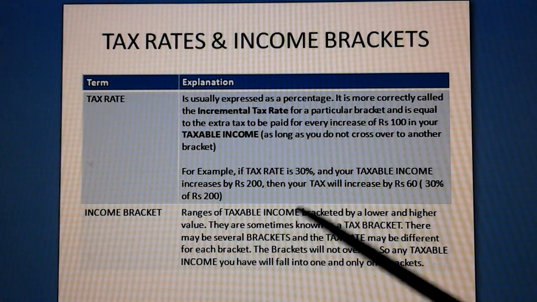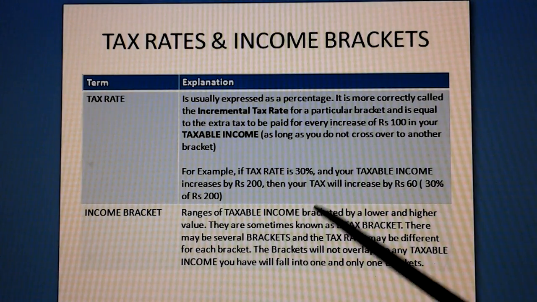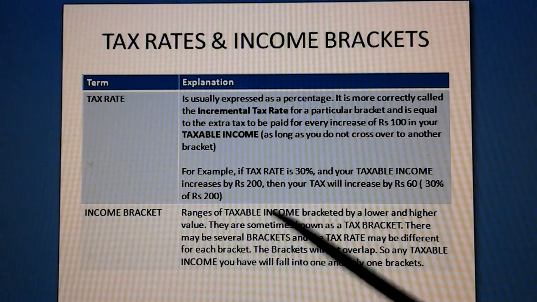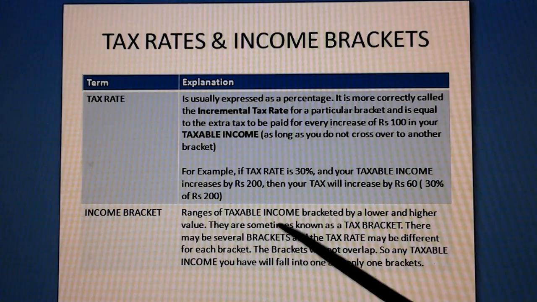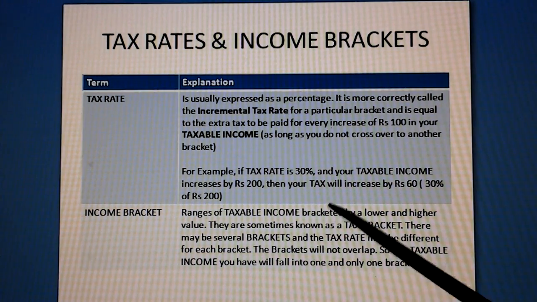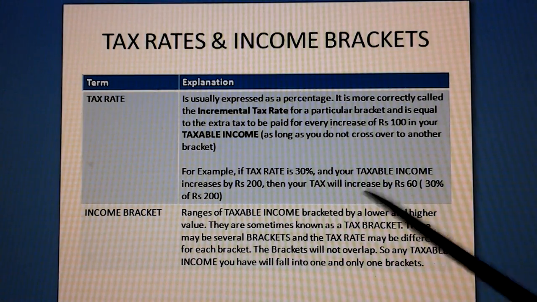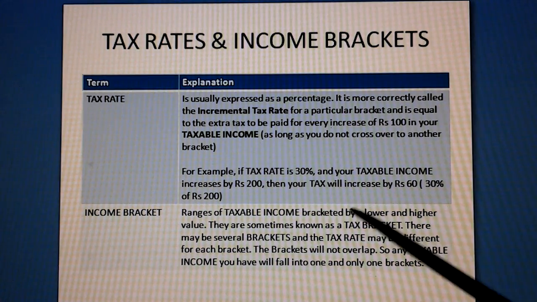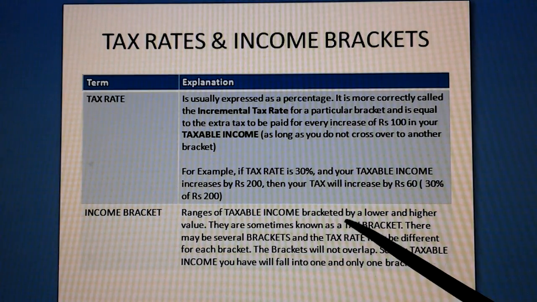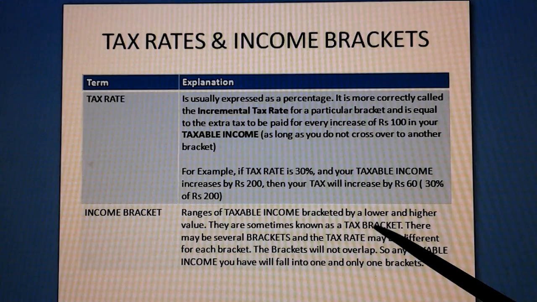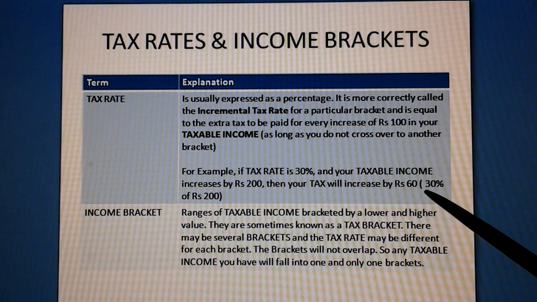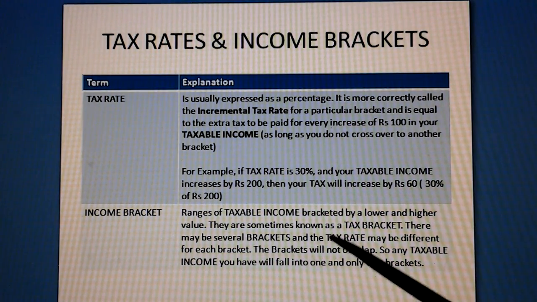Now, these tax rates are different for different tax brackets. Your income itself falls in a taxable income bracket, and any bracket would have a lower value and a higher value. They are sometimes known as a tax bracket. There may be several brackets in an income tax system.